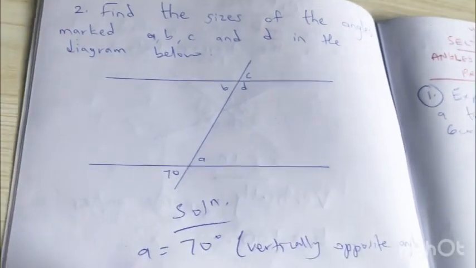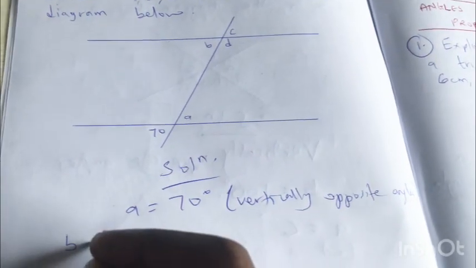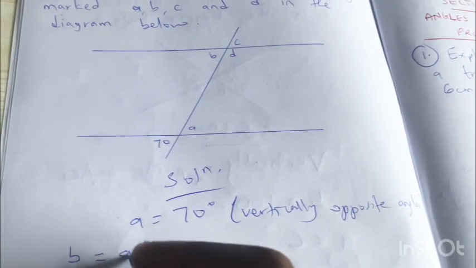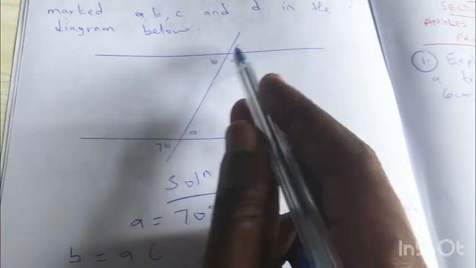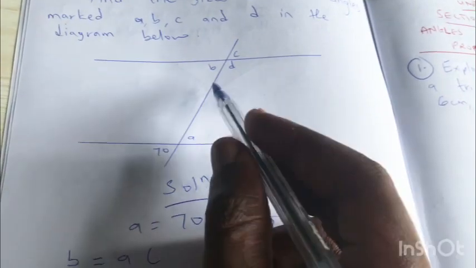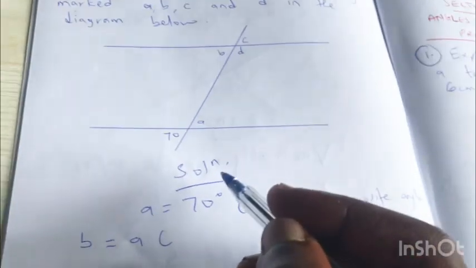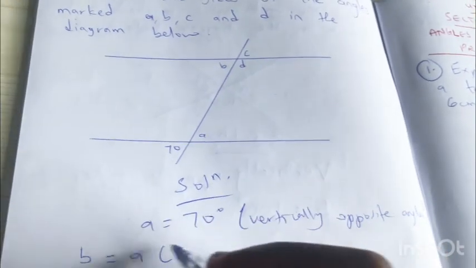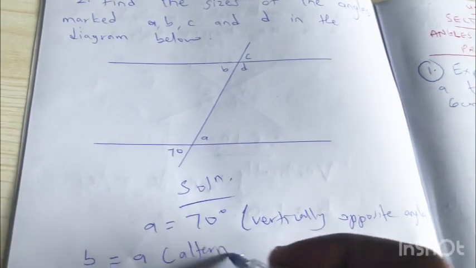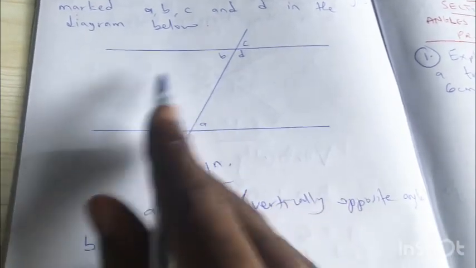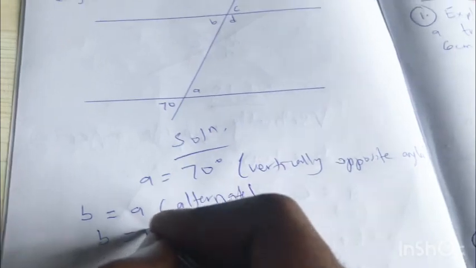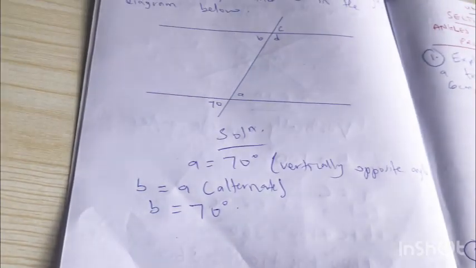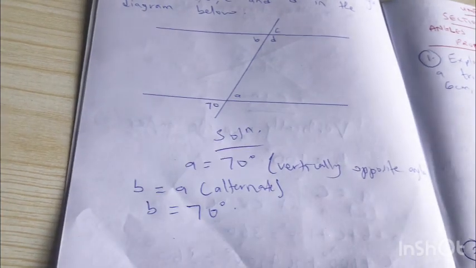Okay, now what can you say about B and A? You can see the Z shape. So you know that this one shows that B and A are alternate because of the Z shape. So if A is equal to 70, then B is also equal to 70 degrees because they are alternate.